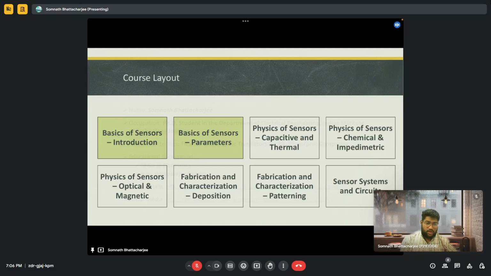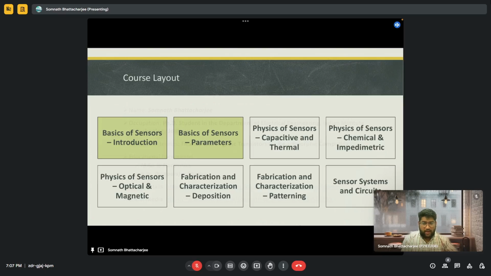The next two classes were for fabrication and characterization, where we learned the deposition techniques and how to pattern the desired pattern on our sensor. The final fractal was sensor systems and circuits: how to integrate our fabricated sensor into a circuit.